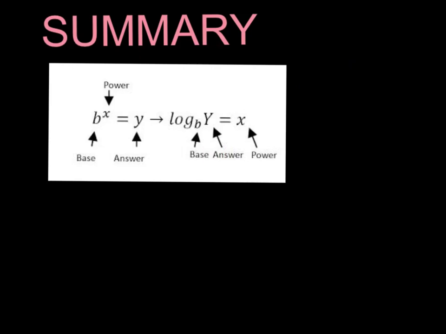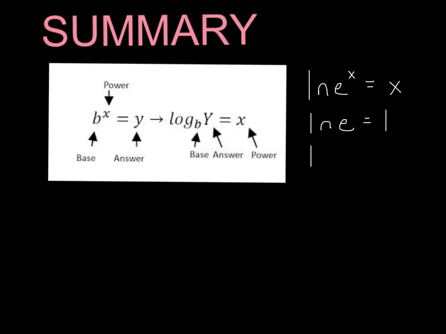So in summary, we've got this relationship between exponential form and logarithmic form, that the base here can be written as b to the x power is equal to y. A few other things that you might want to take note of would be that the ln of e to a number will be equal to that number, which means that the ln of e to the first power is equal to 1.